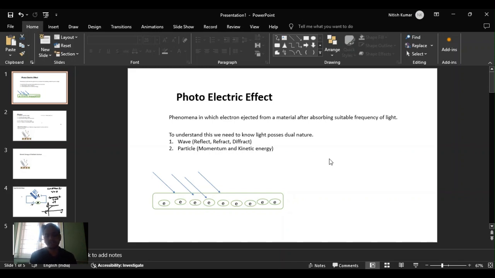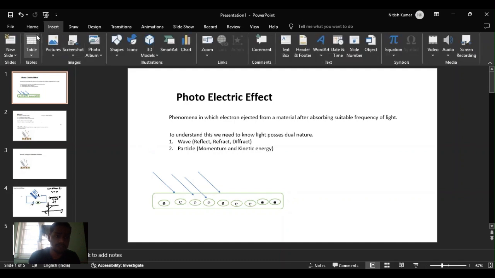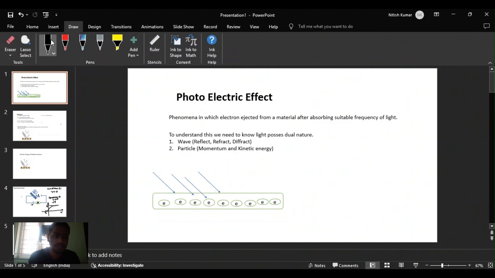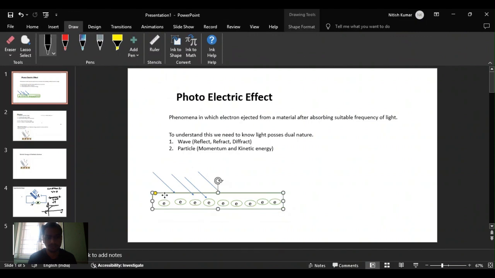In the photoelectric effect, we take a metal slab, and the metal slab has many electrons inside it.